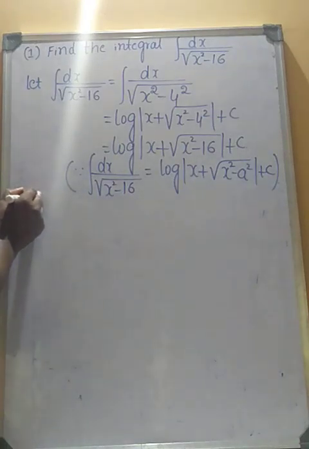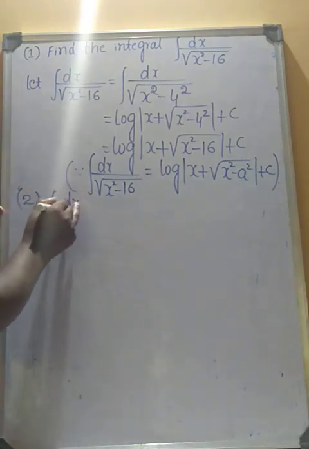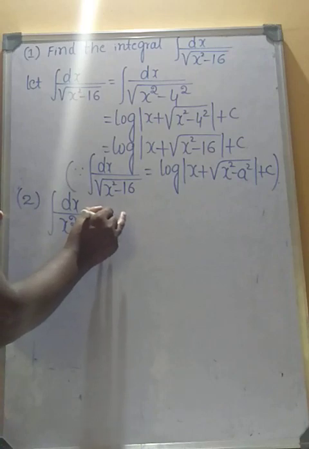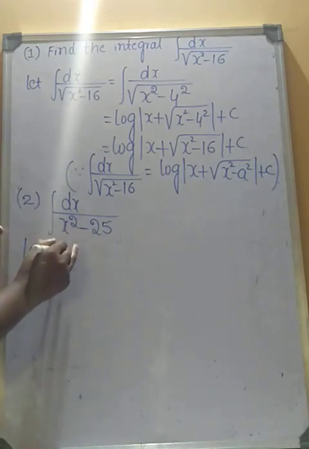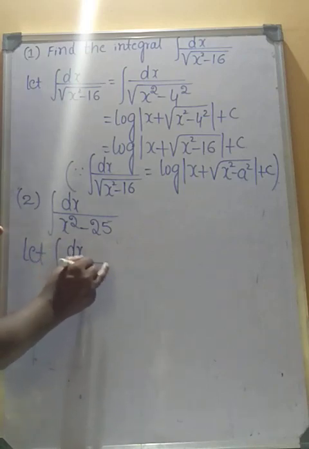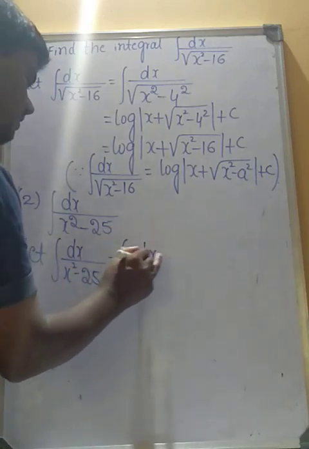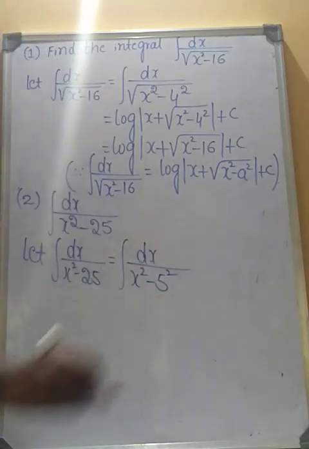The next example: find the integral of dx dividing by x square minus 25. Let the integral of dx dividing by x square minus 25 be equal to the integral of dx dividing by x square minus 5 square, since 25 can be written as 5 square.